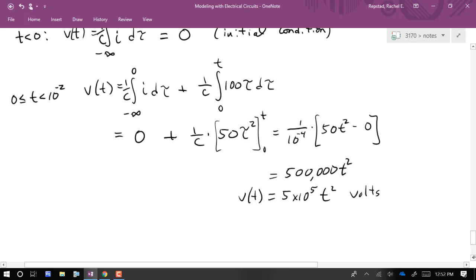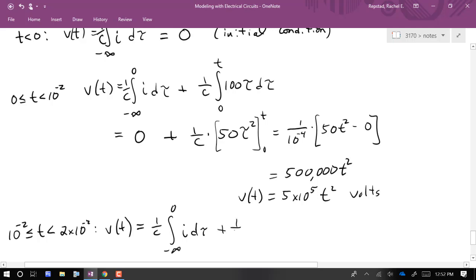Our next interval, again, it's cumulative, so I'm going to take the integral from minus infinity to 0. Now the integral from 0 up to 10 to the negative 2. So I'm going to grab all of that voltage.